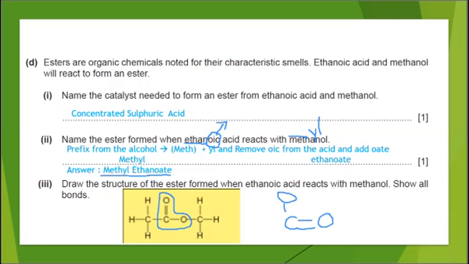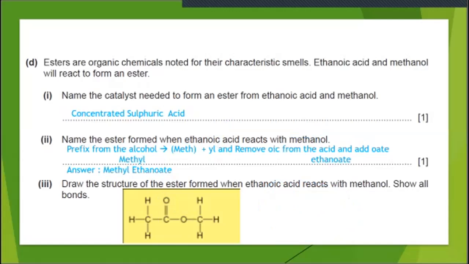When you see that, you know that an ester is present. If there is an H here, then you know an acid is present. But if there is no H, then you know an ester is present. So that is the characteristic structure.